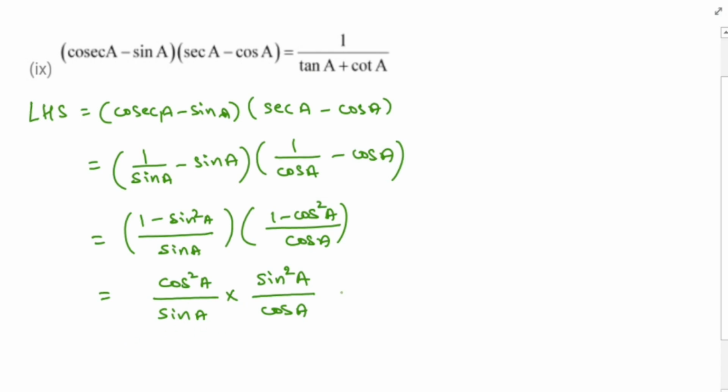So 1 sin cancels with sin A, 1 cos A cancels with cos A.